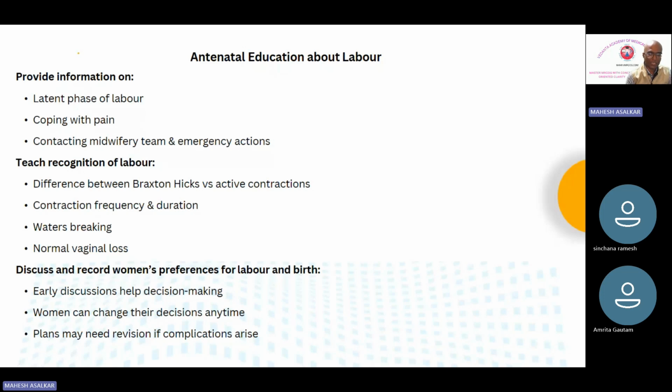Again, when the patient comes in early labor, we have to discuss the same thing: whatever her wish was in the antenatal period, whether she wants to go ahead with the same, or, depending upon any change in the situation, maternal parameters or intrapartum or antenatal high risk factors, we have to make changes. This is the antenatal education about labor we need to give.